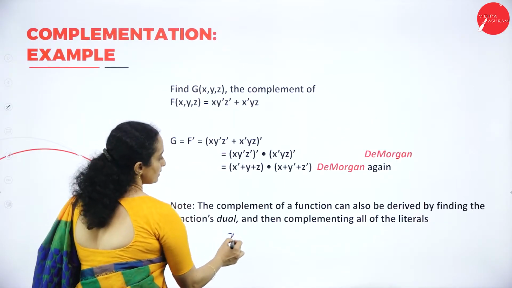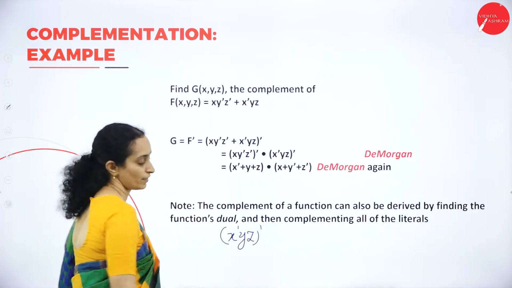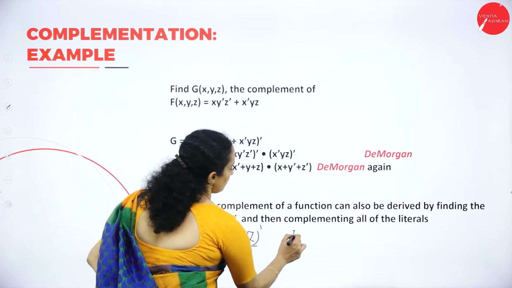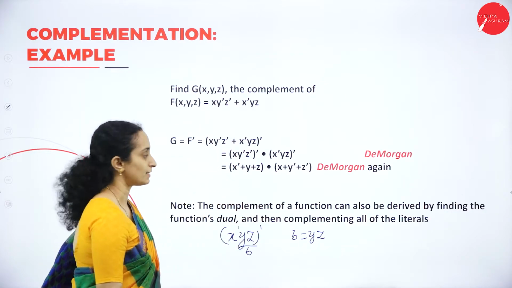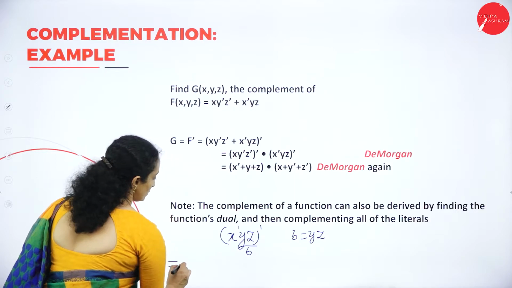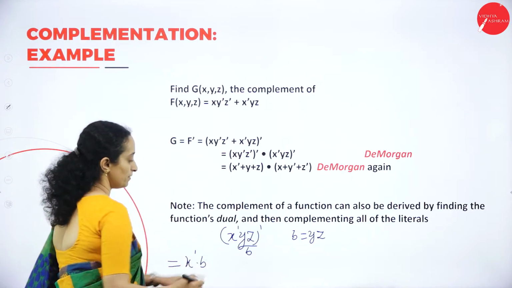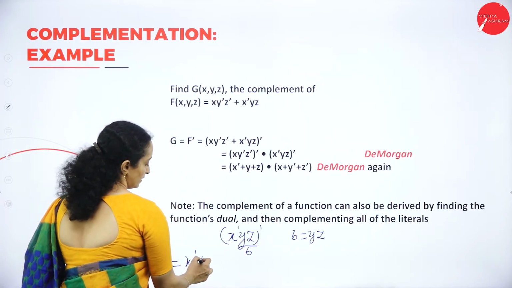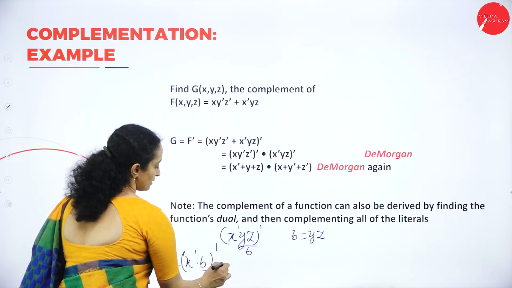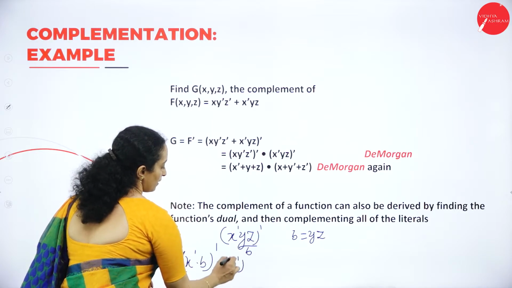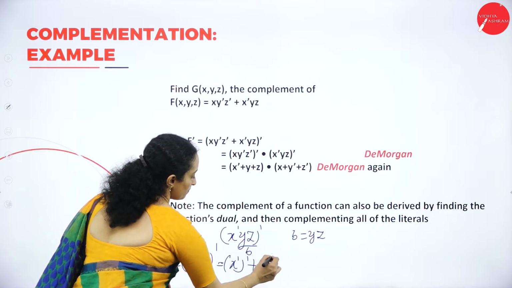When you check with this, x dash y z whole dash, if you consider y z as b, isn't it? So y z is b. If you use De Morgan's theorem for x dash into b, this will become x dash into b whole dash, which is equal to x double complement plus b dash.